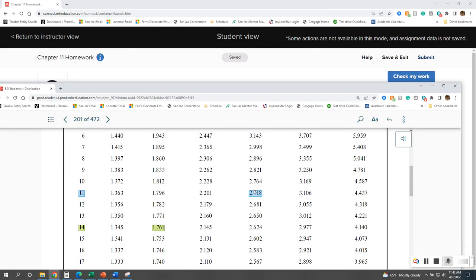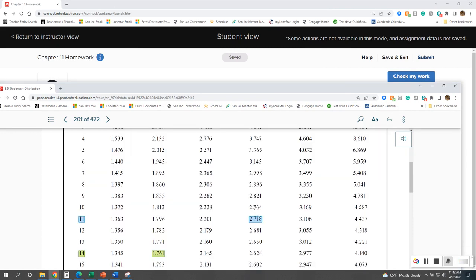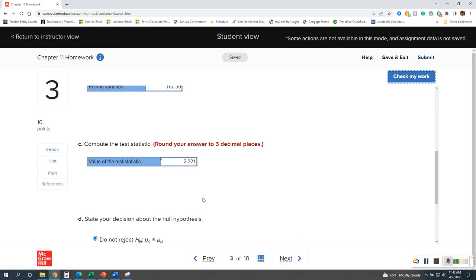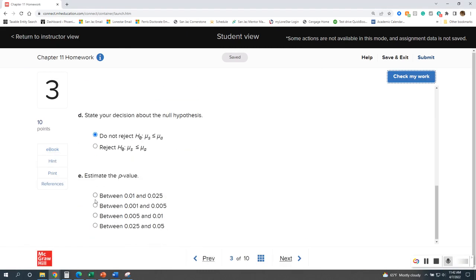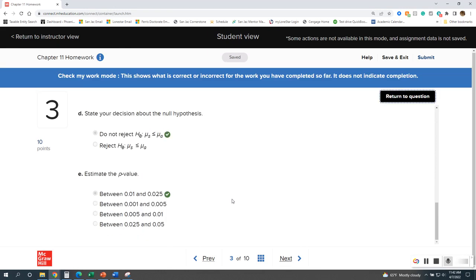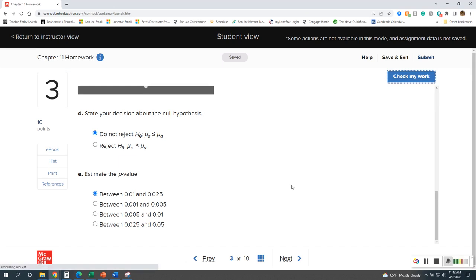Notice again, because we know where our parameter is, if it's not greater, it's going to fall on this side. So it's going to fall between 0.025 and 0.01. There we go. Just happens to be the first one again. I got lucky. So there's question 3.